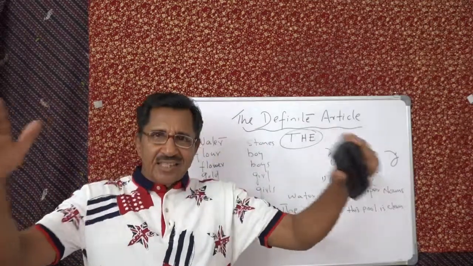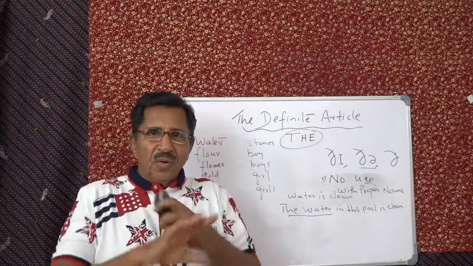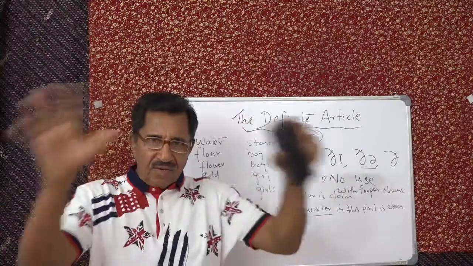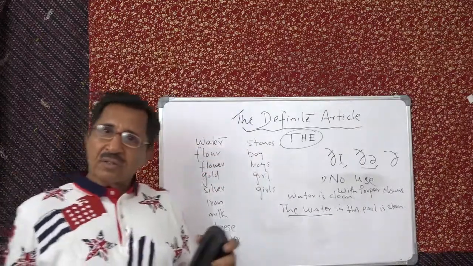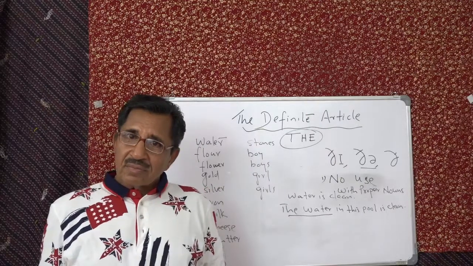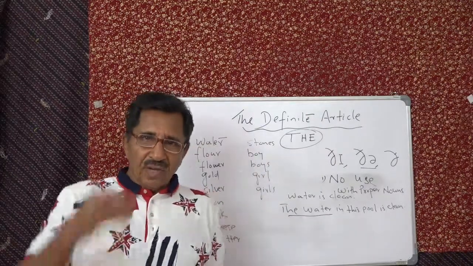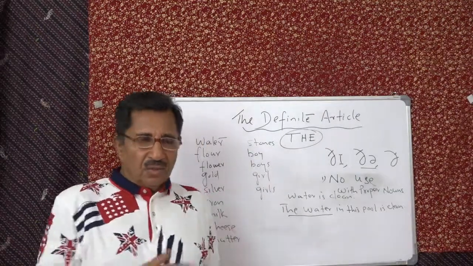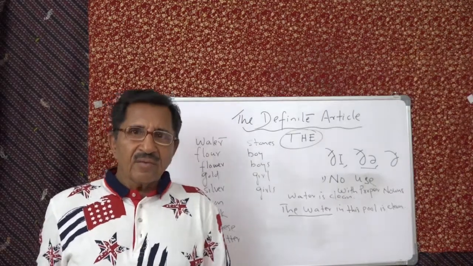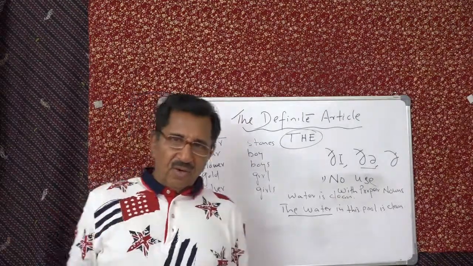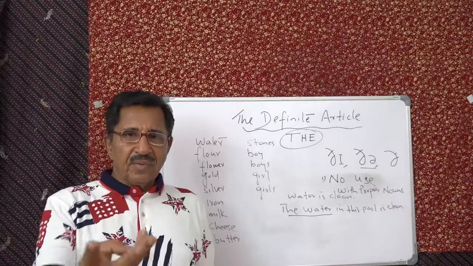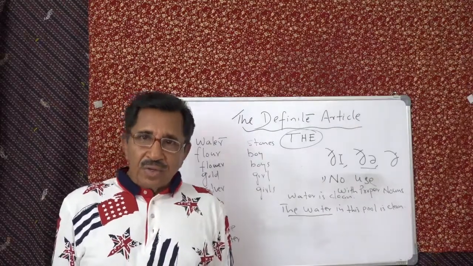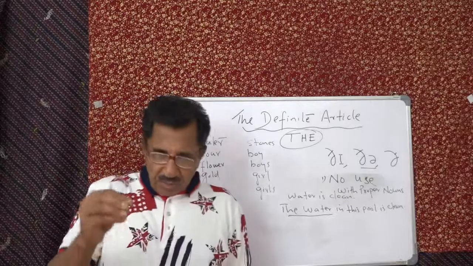Covering the entire English language, applicable to all the other words, meaning not proper nouns. You can use the, or you need not use the. When a noun, a common noun, can be countable, uncountable, singular, plural, anything, you can use the when you specify that.